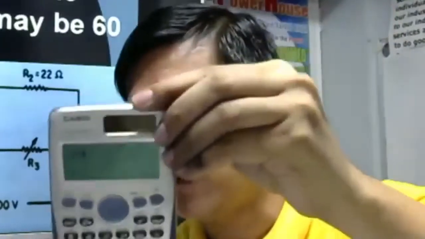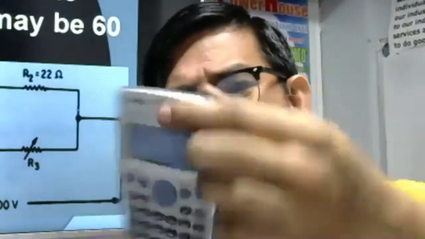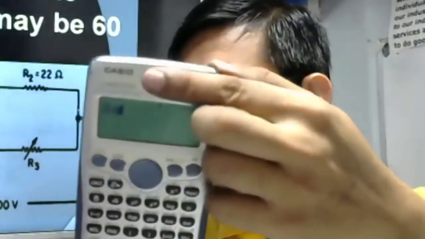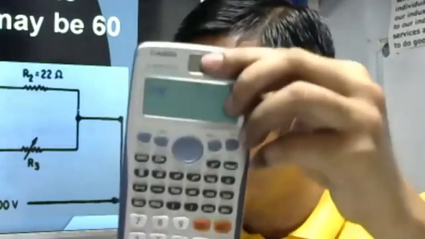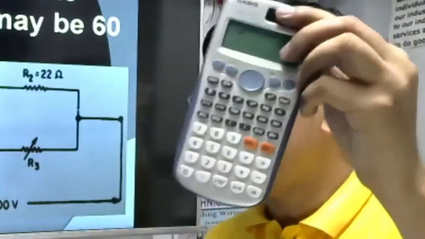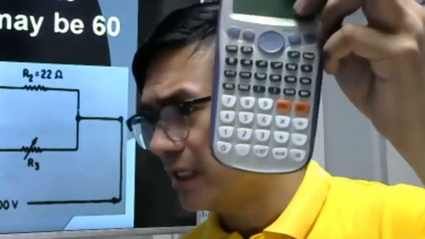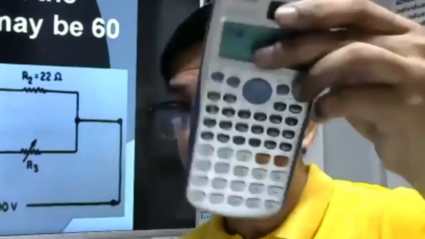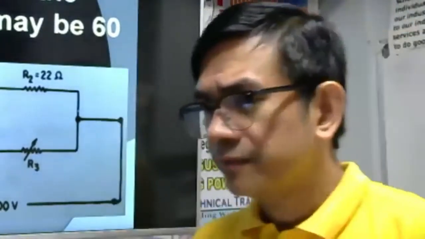The difference is only the solar power here; it's just straight gray for the 570 ES Plus. But nowadays in our country, what you can buy is the second edition, and that is allowed by the Professional Regulation Commission. Okay, thank you.